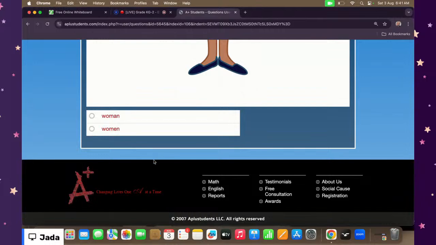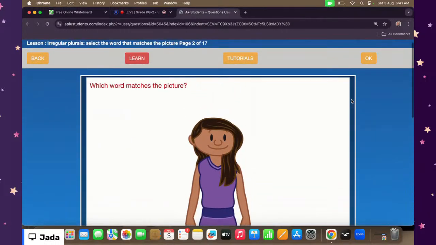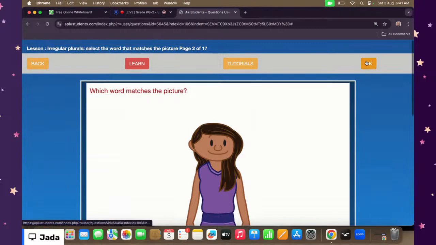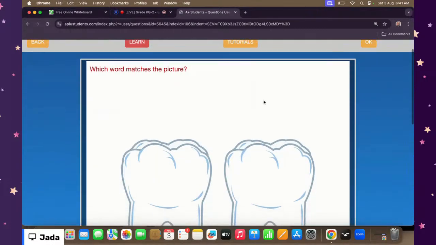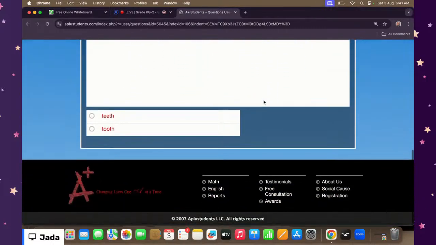This is a woman. If it's more than one, it is women. But this is one, so woman. And which word matches the picture? Remember on the tutorials, when we had one, it was tooth, and when we have two or more, it is teeth.